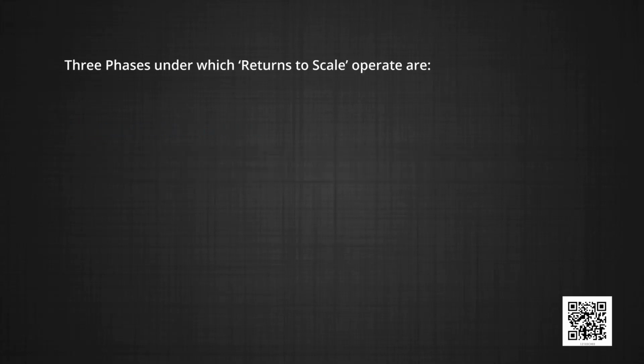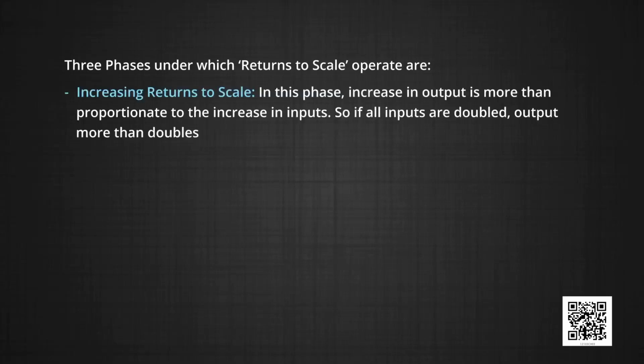Three types of returns to scale operate, and these are: first, increasing returns to scale. In this case, the increase in output is more than proportionate to the increase in inputs. So, for example, if all inputs are doubled, under increasing returns to scale, output more than doubles.